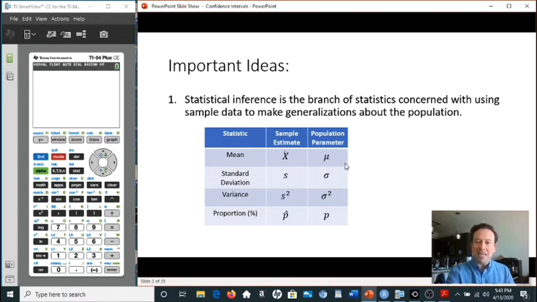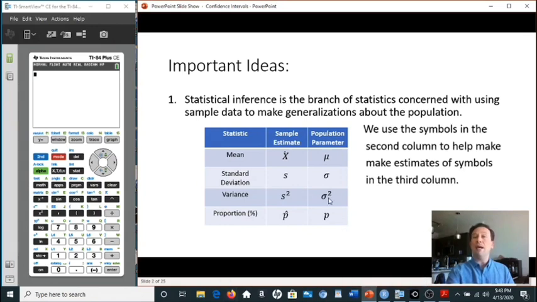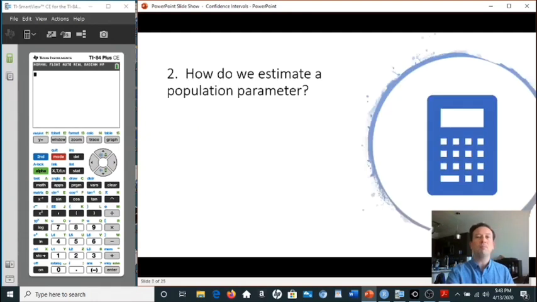And then these are the parameters that represent the big group. So we're not necessarily always guaranteed that these give us the exact answer for the population. Sometimes we have to estimate the population using these numbers. So we're using the symbols in the second column to help make estimates of the symbols in the third column.